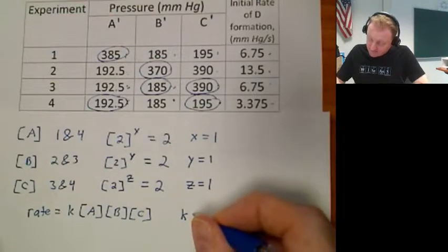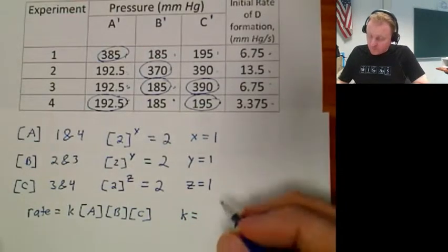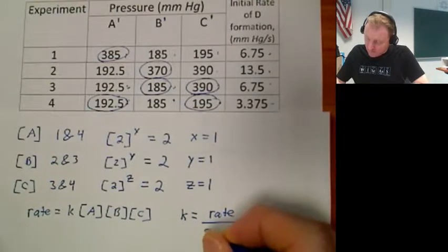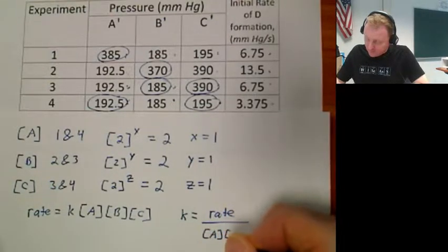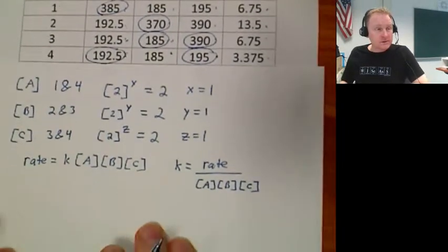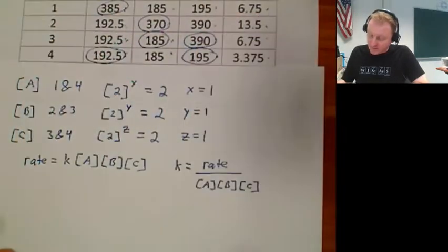So k equals the rate over A, B, C. So let's just choose one of them. Let's just choose the first one here.